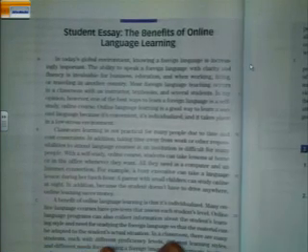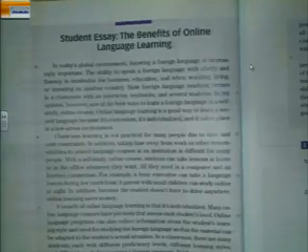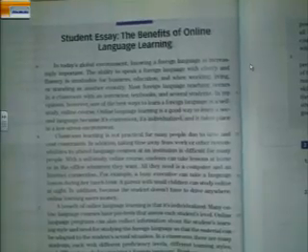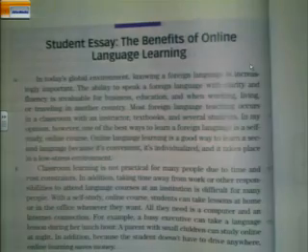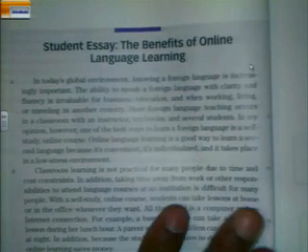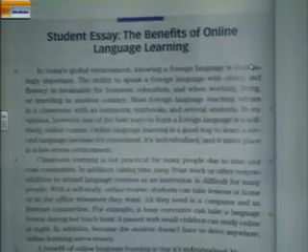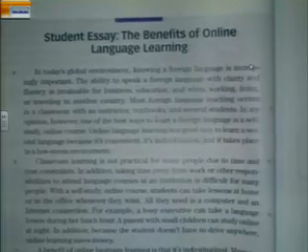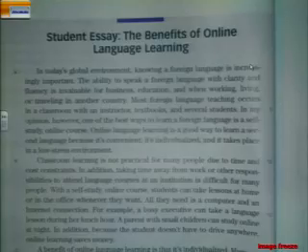Okay. Now, let's read this student essay together as quickly as possible. Let me just zoom in a little bit for some of you who don't have a book handy at this moment.